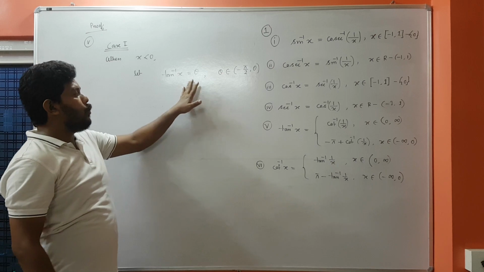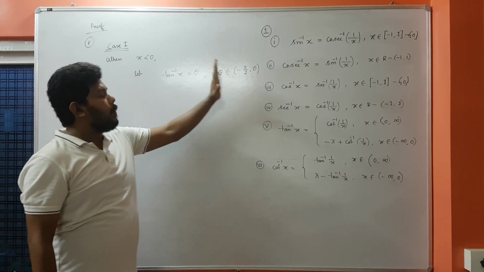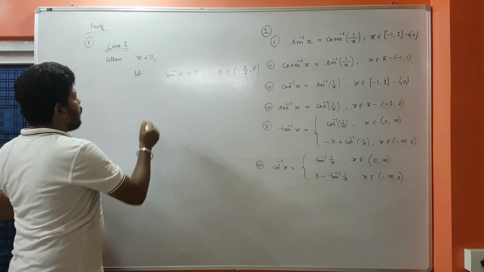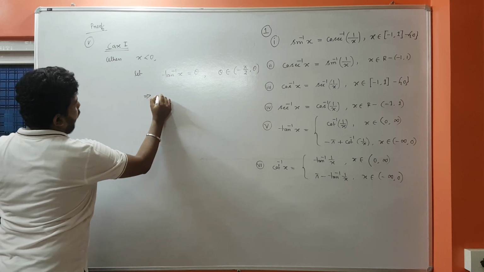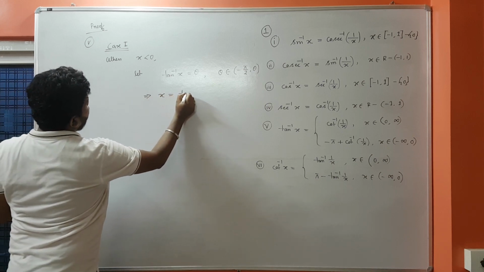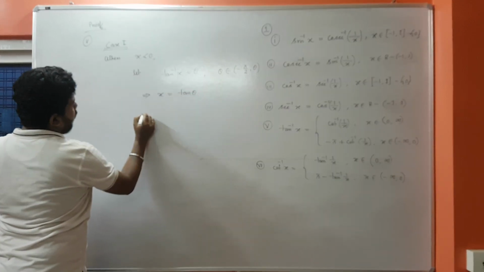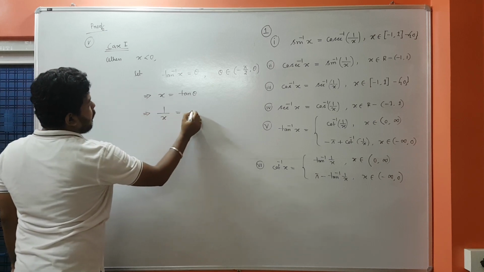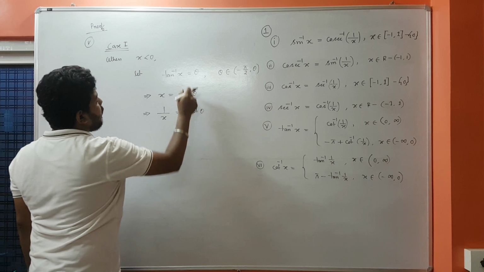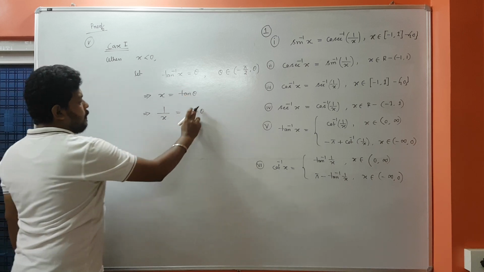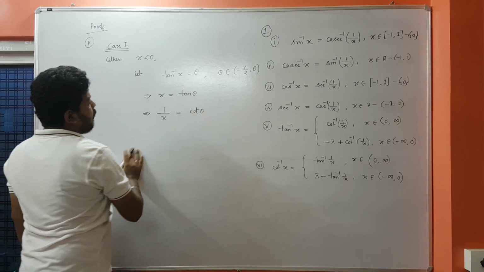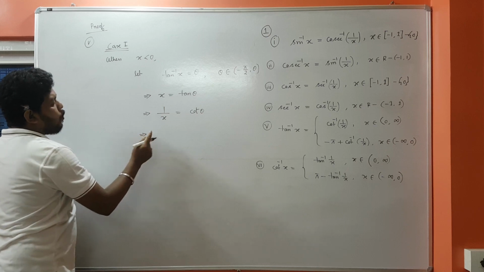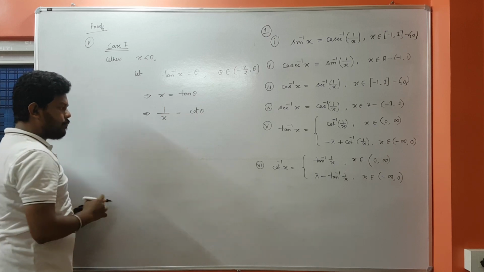That's why theta will belong to the fourth quadrant. That means x is equal to tan of theta. If I find the reciprocal, 1 by x is equal to cot theta, since 1 by tan is equal to cot theta.